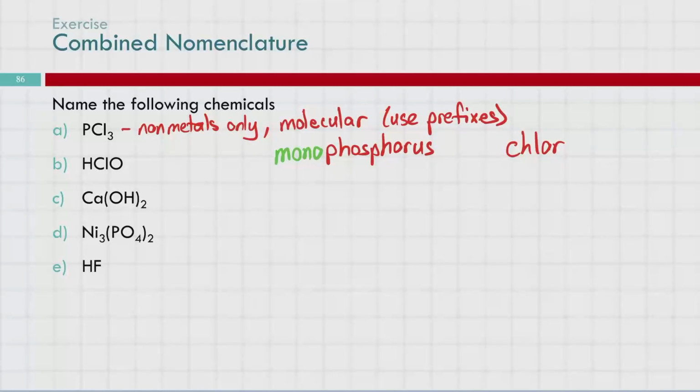We've got 3 of them. So we're going to add what? Tri. And how do we change the ending? We change it to "ide." What is wrong with this? Mono. We have mono, and we do not want to have mono on our first element. So monophosphorus, no. Phosphorus, yes. Phosphorus trichloride.